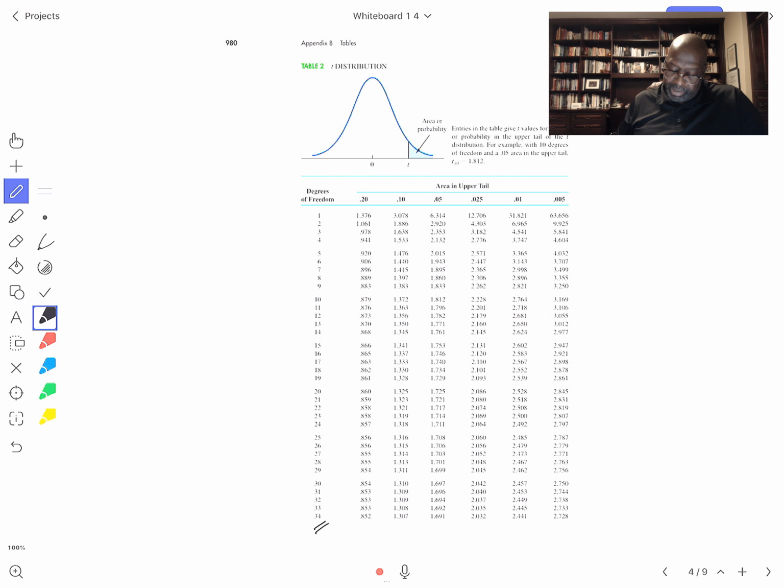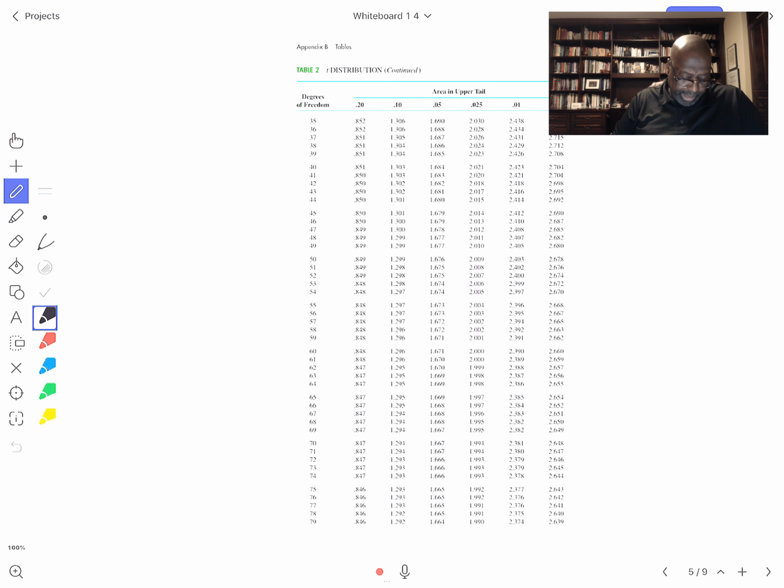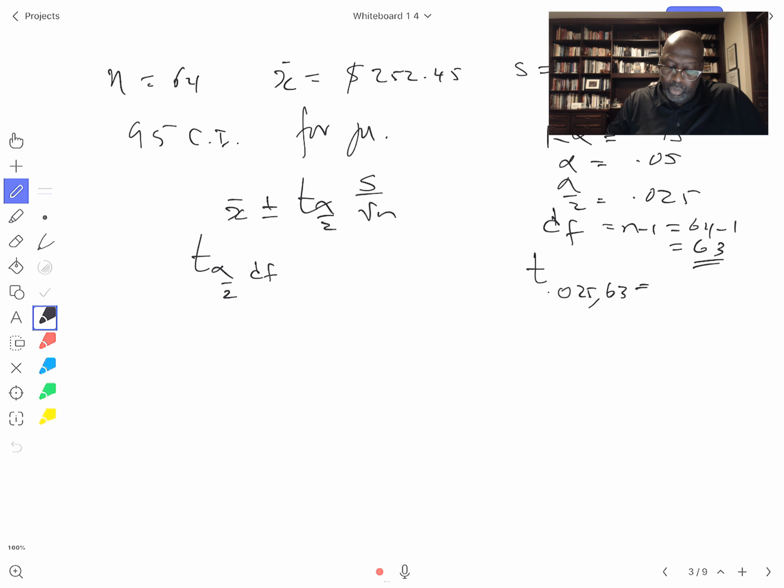Let's go to the next page and see if we can get 63. Here's 63 right here. So we have 63, and the area in the tail is 0.025. If we come down this column and look at 63, we'll have 1.998. All right? So that t-value is 1.998.